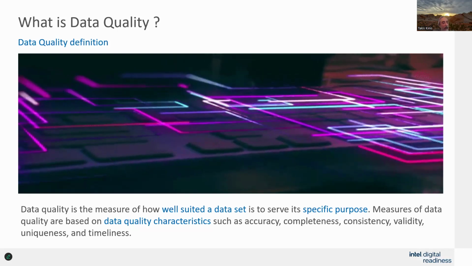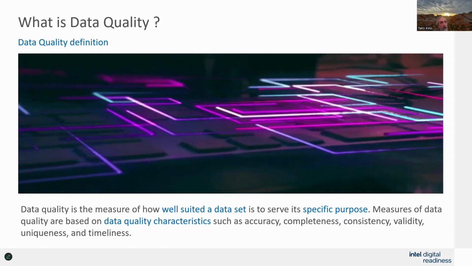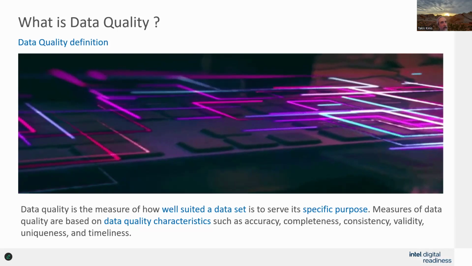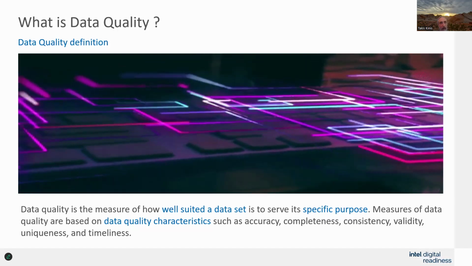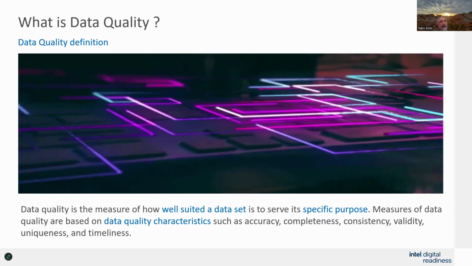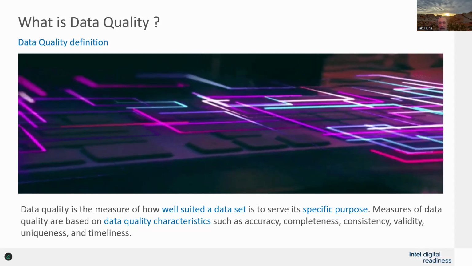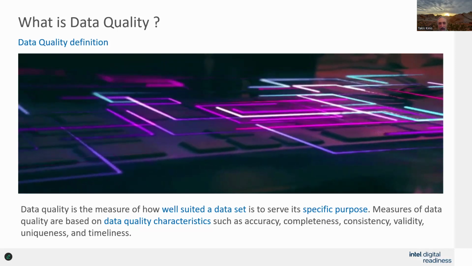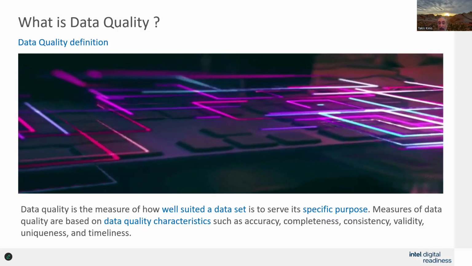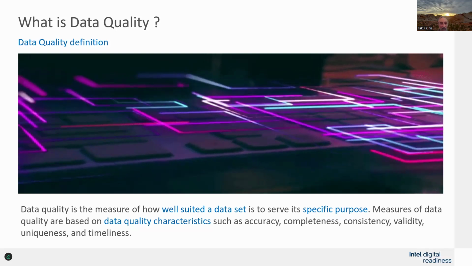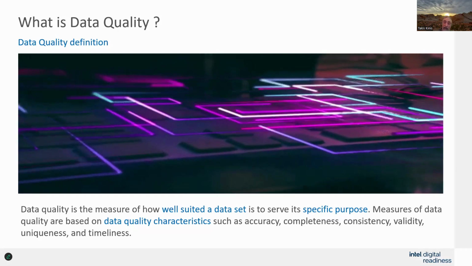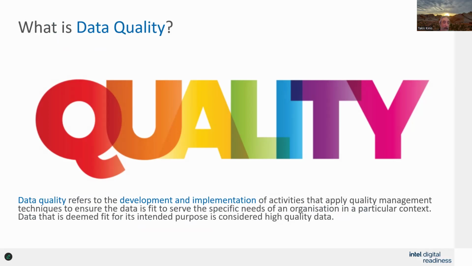So, for example, I might keep track of temperatures, but I'm not keeping track of wind speeds. So, in the winter, I would not know the wind chill factor if I didn't have the wind as part of the mix, right? So, the measures of data quality are based on data quality characteristics such as accuracy, completeness, consistency, validity, uniqueness, and timeliness. Okay, so all of those things are relevant.